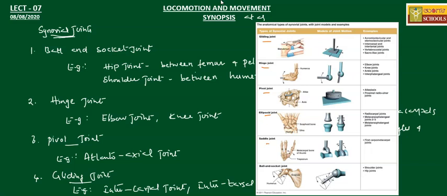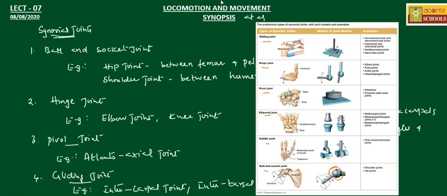Then there is a saddle joint and the ball and socket type of joint. You can see the pictures on this side of how the ball and socket joint is seen. Here you see the saddle joint, and here an ellipsoidal joint.